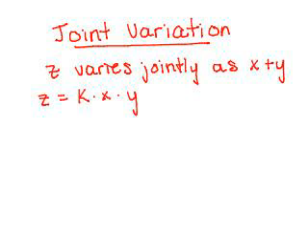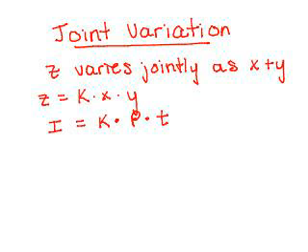An example they have in the book for that is simple interest on a savings account is jointly proportional to the time and the principal. So if we wrote out that equation, simple interest varies jointly, or is directly proportional, to some constant, you can't not have that number in there, times the principal and the time.